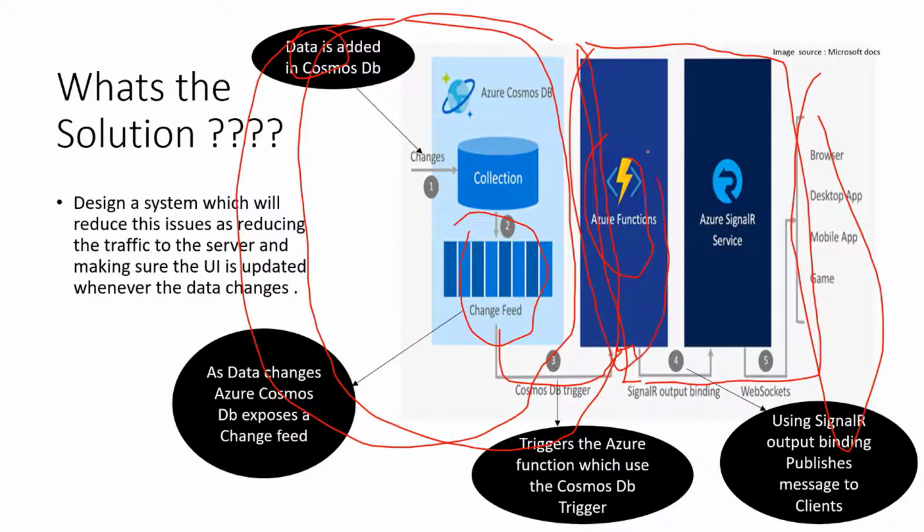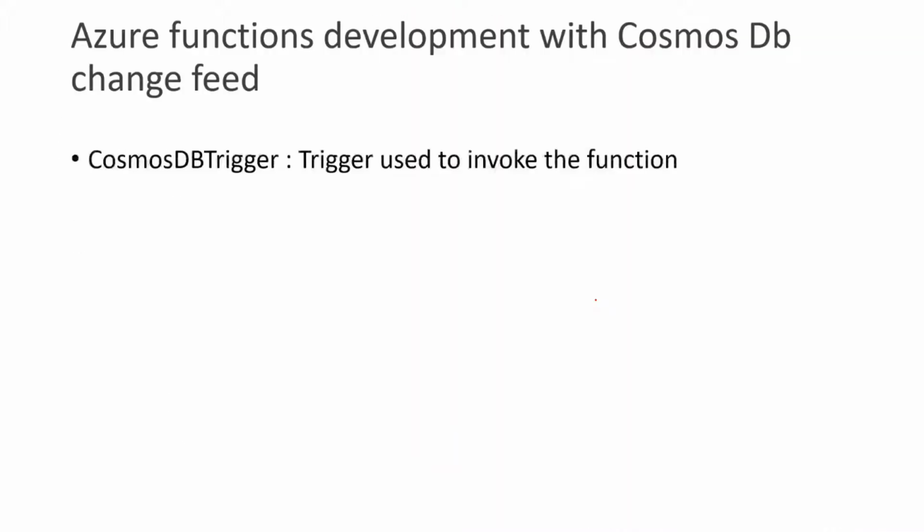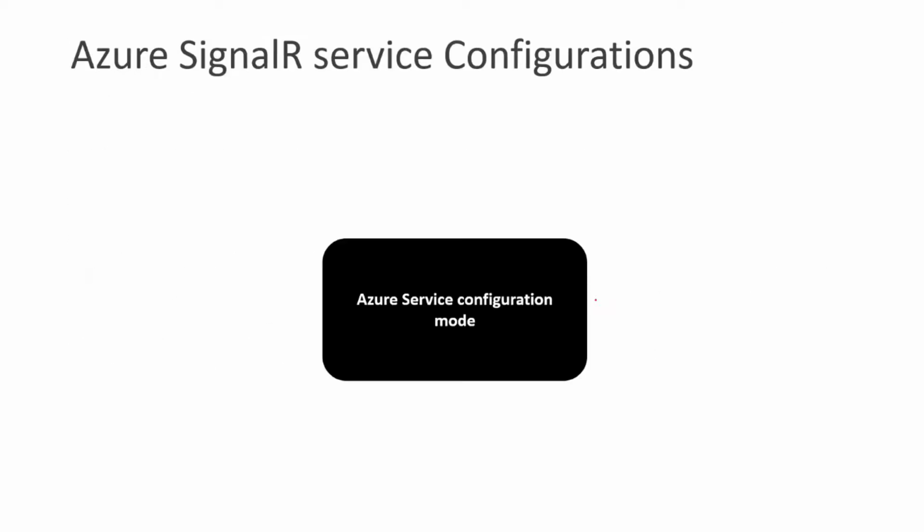Now whenever we get the data, we need to process this data and pass it to the client app properly. To do that, we need to understand a little bit about the Azure SignalR service.